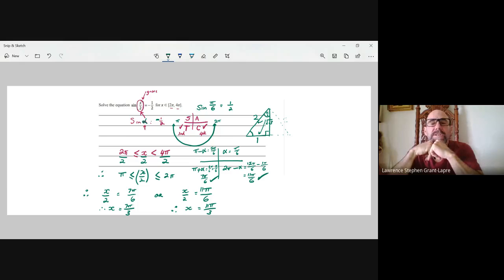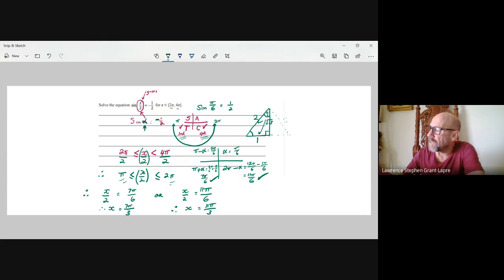So can I just reiterate the steps that I did? First of all, I looked at the fact that we wanted an angle that gives us -1/2. And we found out that the angle we're looking for, x over 2, lies between pi and 2 pi. And in those quadrants, the third and fourth, will give us a negative sine value. So we have to deal with both of those quadrants.